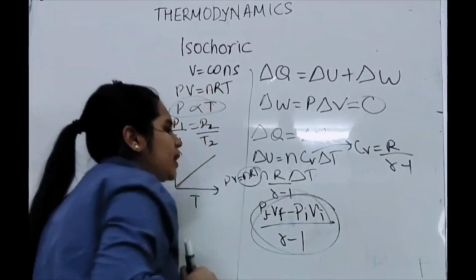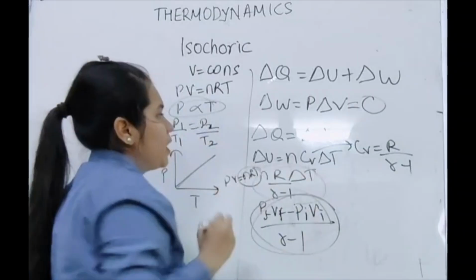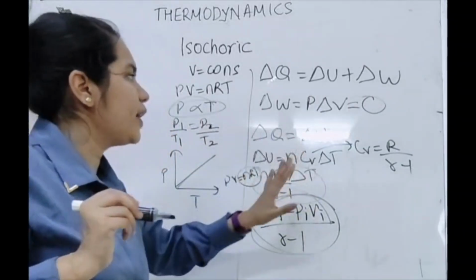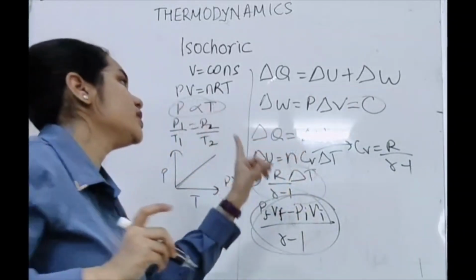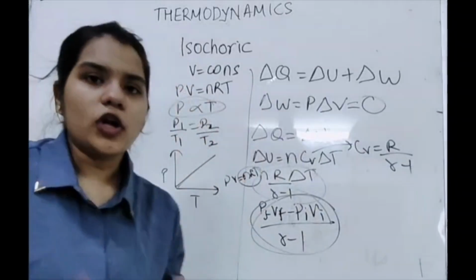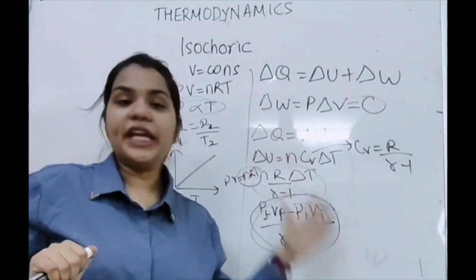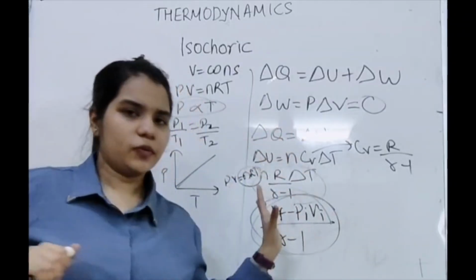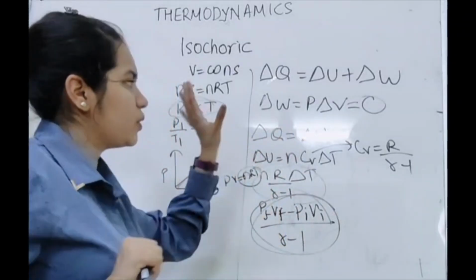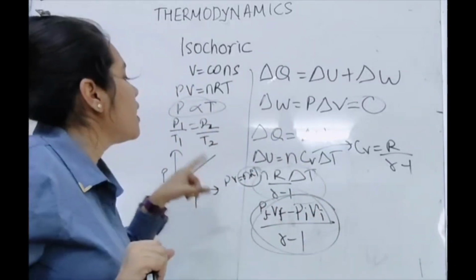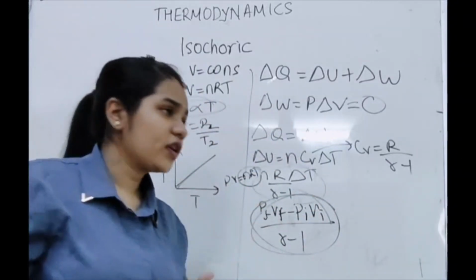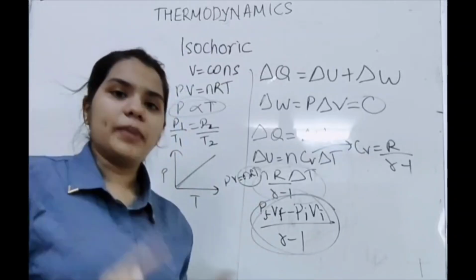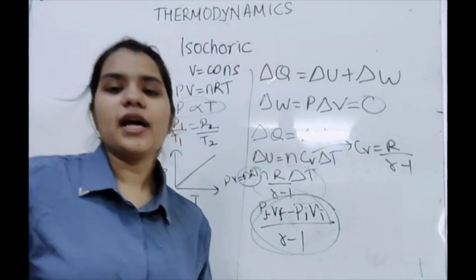So this is the formula for delta Q equals delta U. The work done will be 0 because in isochoric the volume is constant. Volume is constant, delta V equals 0, then obviously work done will be 0. That's it. That's the main thing. This is a very easy formula. Isothermal we have seen, isochoric we have seen, and isobaric we have also seen. The last one left is adiabatic.